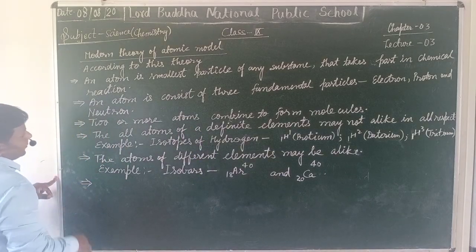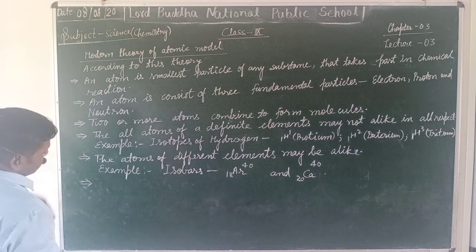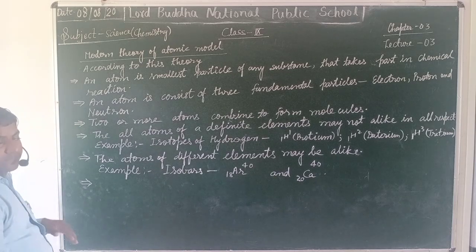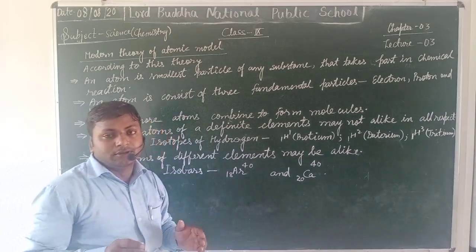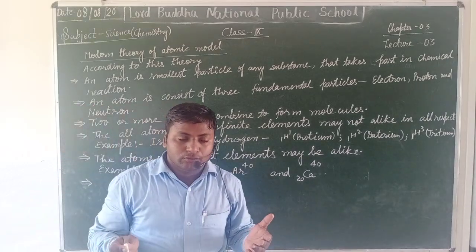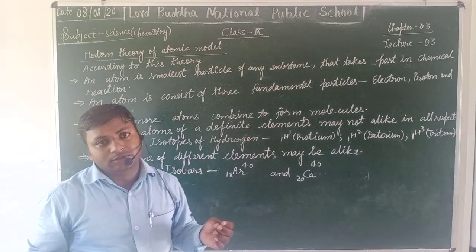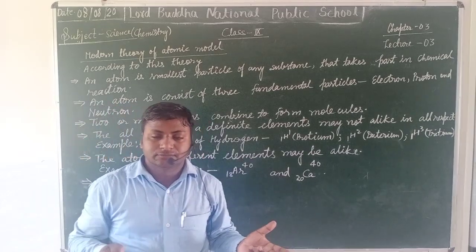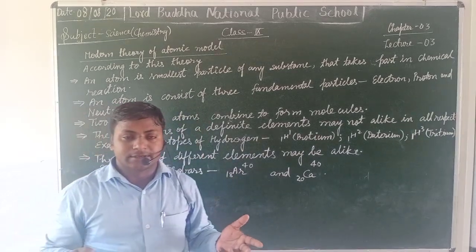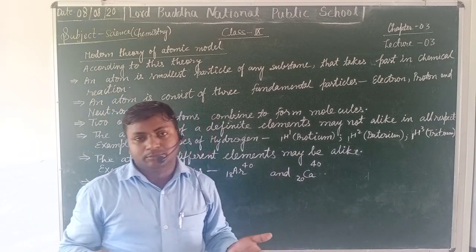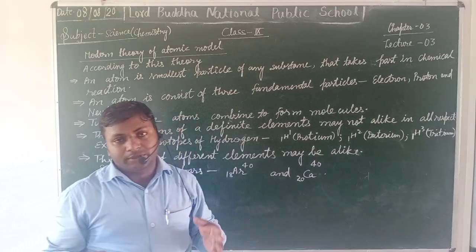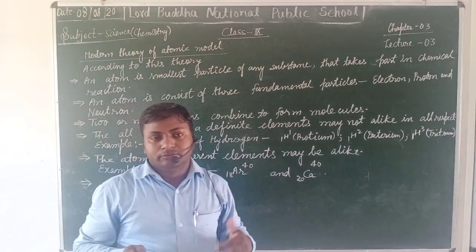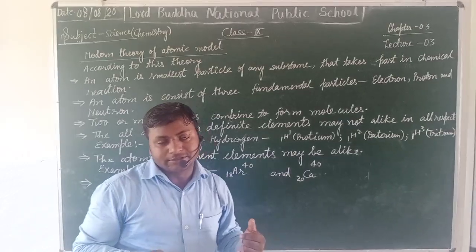Now, students, Dalton stated that an atom cannot be created and cannot be destroyed, but you know about nuclear reactions, and in nuclear reactions how new atoms are created and destroyed. You very well know that from the previous lecture.